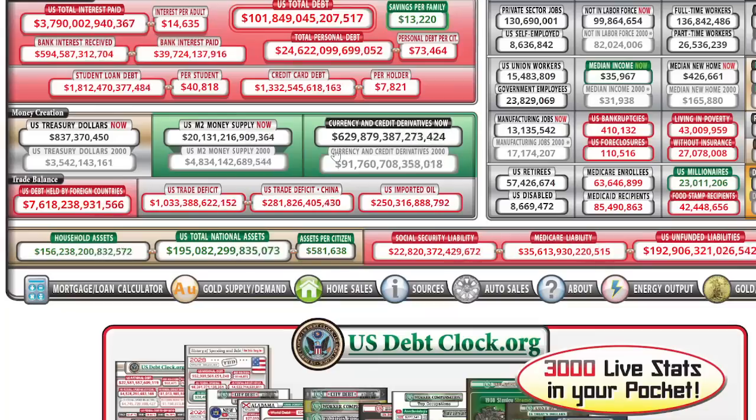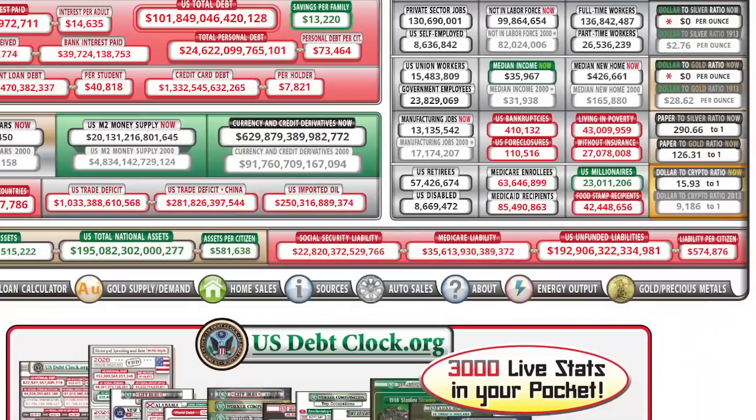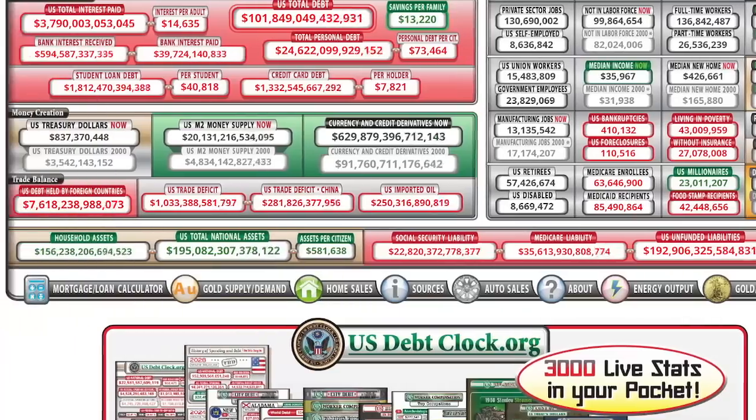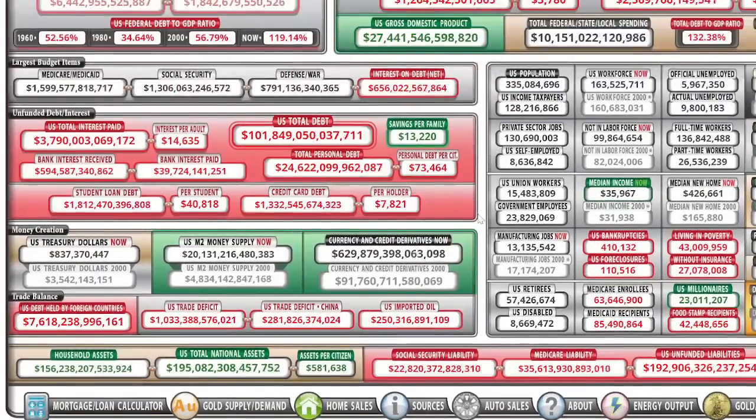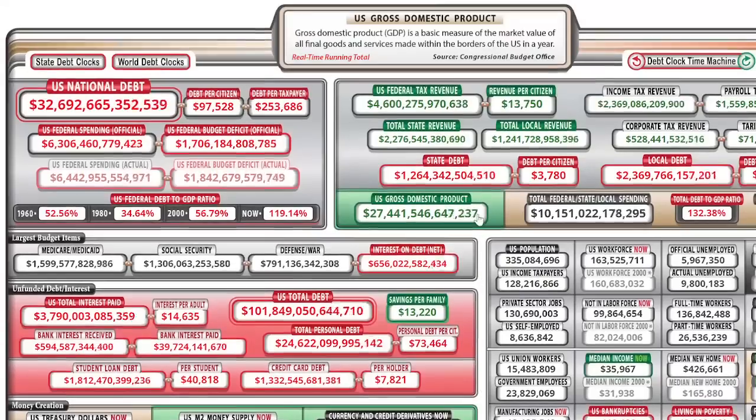We have the unfunded liabilities, which are massive here in this country. We're talking to the tune of, what is that, $192 trillion, or is that quadrillion? I don't even know. It's insane. It's massive.